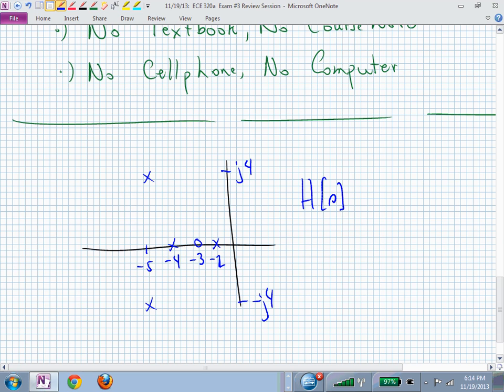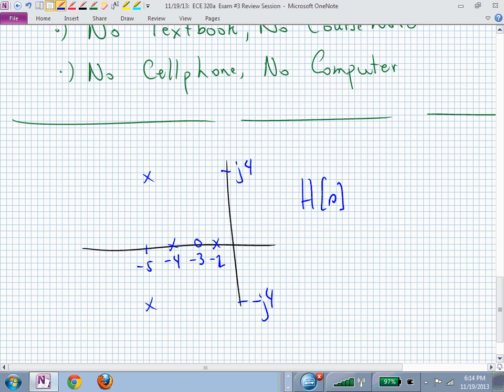How fast are they shaking? Their damped frequency is 4 radians per second, isn't it? So they're shaking at 4 radians per second, and how quickly are they decaying exponentially? What's the exponent? e to the minus 5t, isn't it?